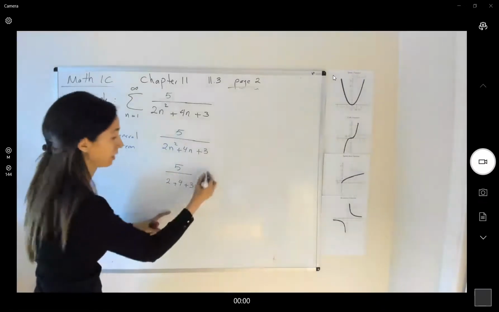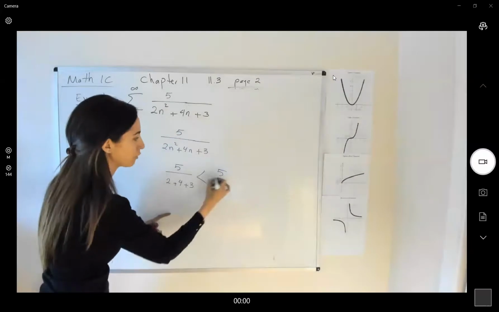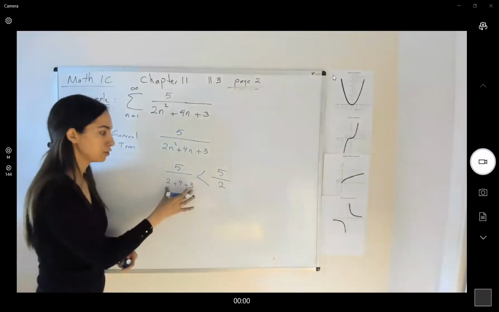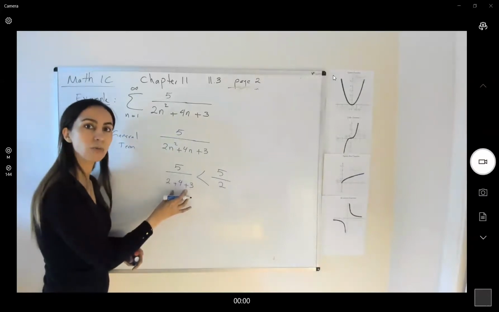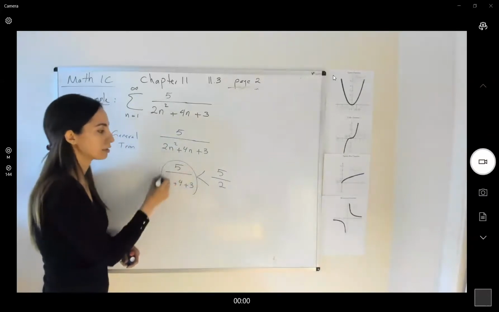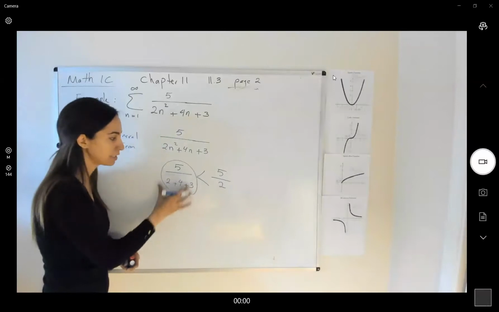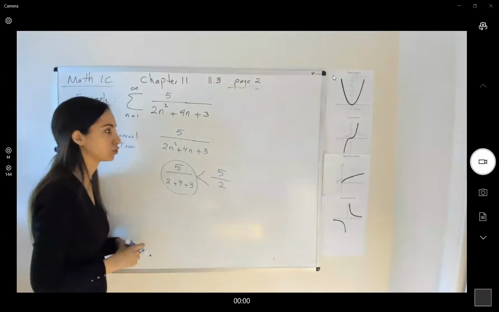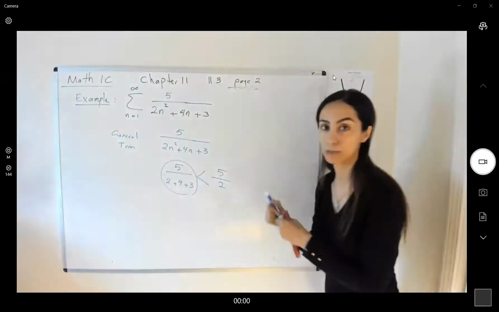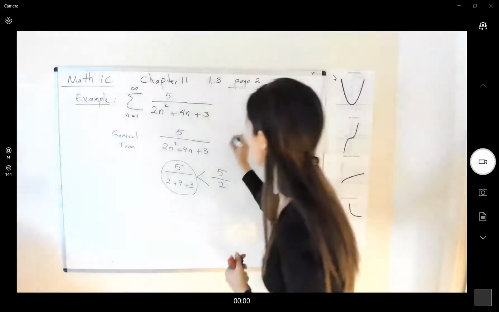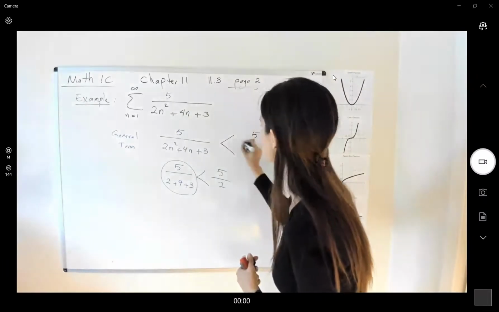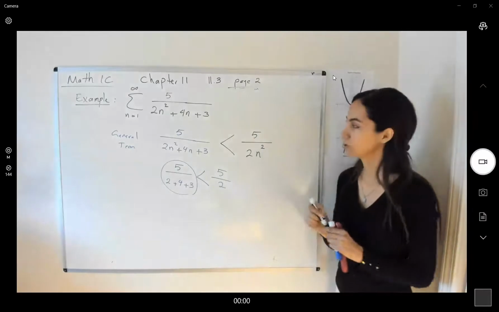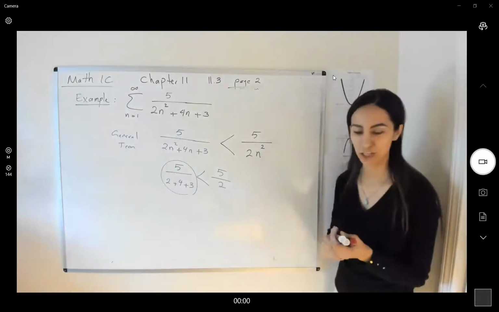This is less than 5 divided by 2. That makes sense. When you increase the denominator, you get a smaller fraction. So this fraction is always less than 5 divided by 2. So this general term is less than 5 divided by 2n squared. Okay, take a look at this general term.